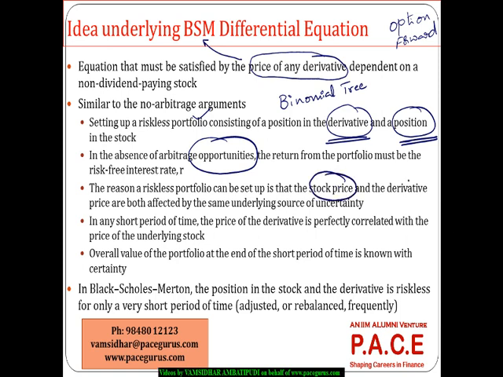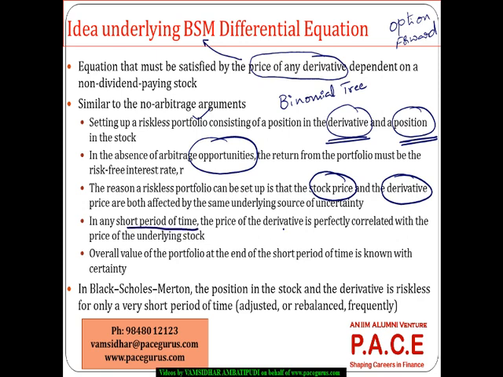I can do it with the stock and the derivative because both of them are affected by the same source of uncertainty. So there is some level of perfect correlation existing between the two, at least for a short period of time.